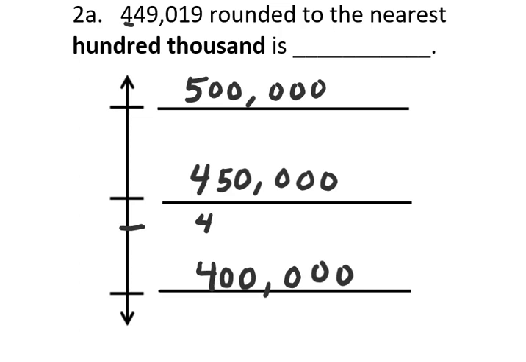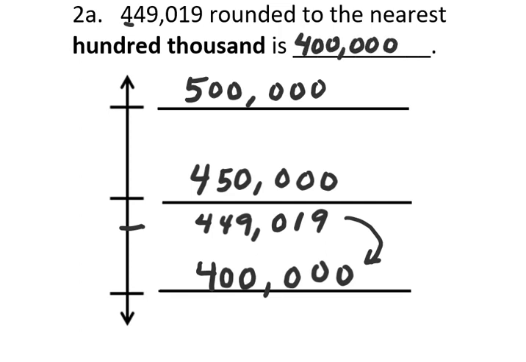So I'll put that in, and since this number is below the midpoint, I know that it will round down to 400,000. So 449,019 rounded to the nearest 100,000 is 400,000.